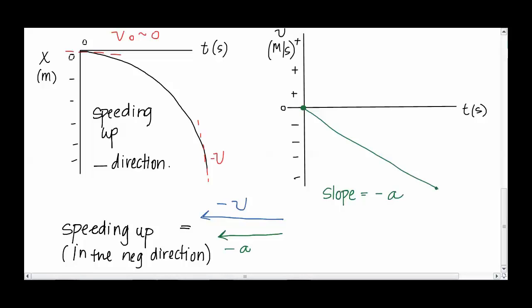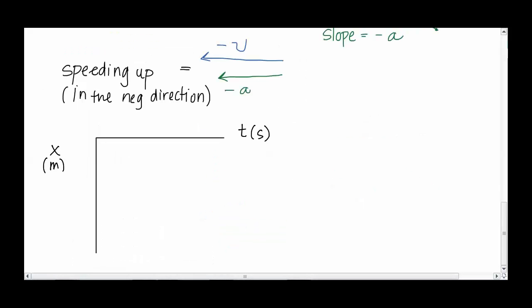Alright, so we should have a third one here. So we're going to move to the left again. Position is on the vertical axis, time is on the horizontal axis. Meters and seconds are our units. And then this one needs to slow down.